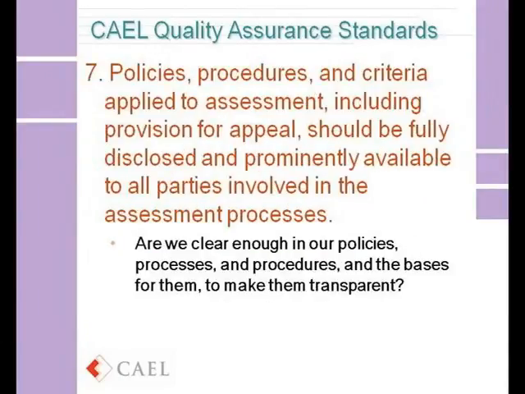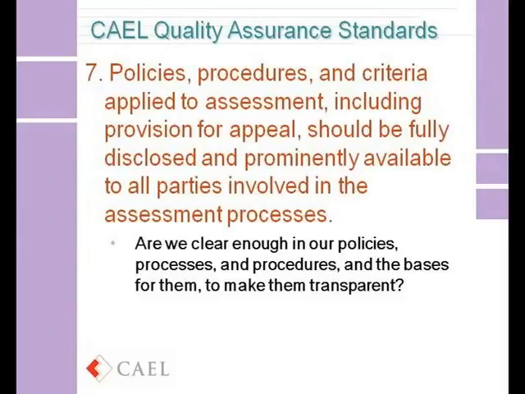Standard number 7: policies, procedures, and criteria applied to assessment, including provision for appeal, should be fully disclosed and prominently available to all parties involved in the assessment process. The policies and practices should be publicly available to ensure equity.